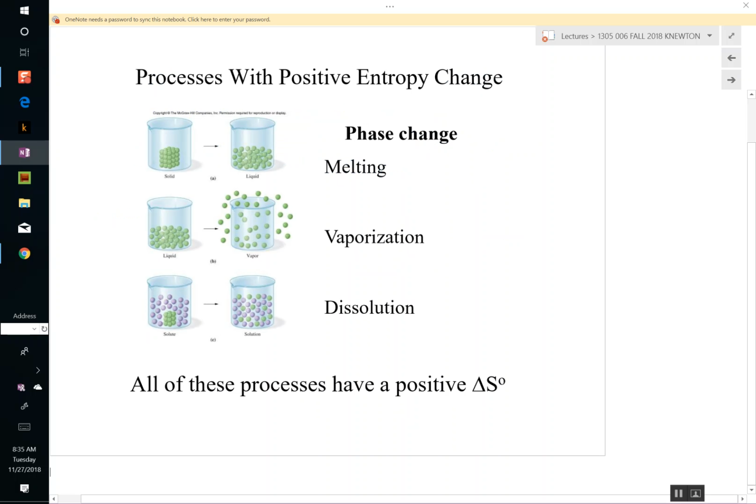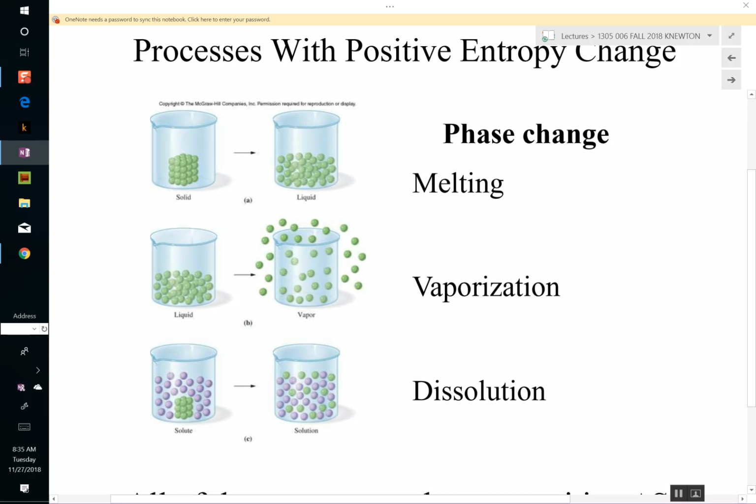So you have salt, sodium chloride crystals. Pretty ordered. I've shown you pictures of this before, where there's a sodium ion surrounded by chloride ions, and the chloride ions are surrounded by sodium ions. So the positives are surrounded by negatives, the negatives are surrounded by positives. It's pretty ordered. It's in a crystal lattice.